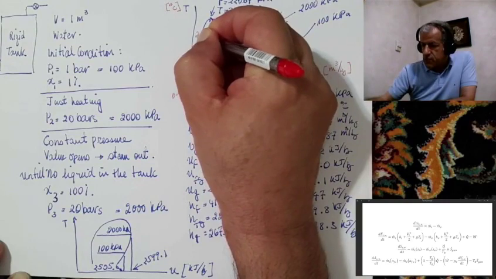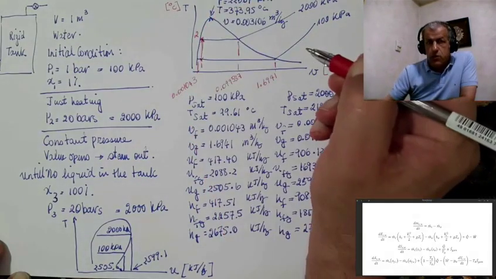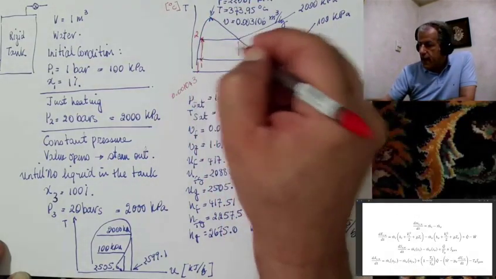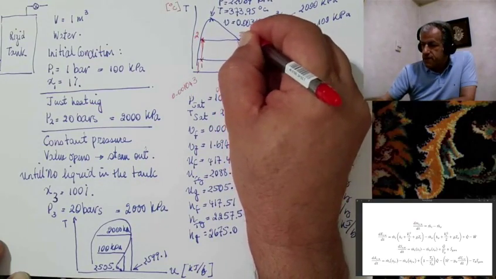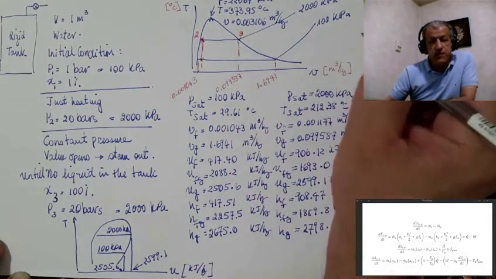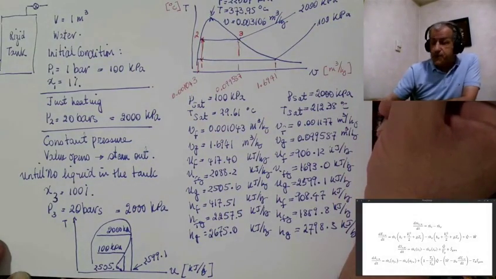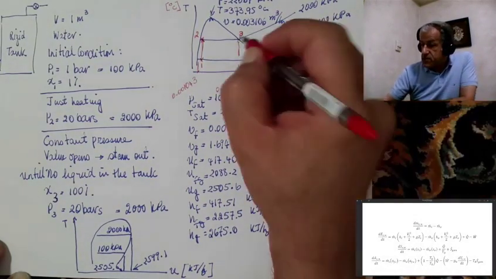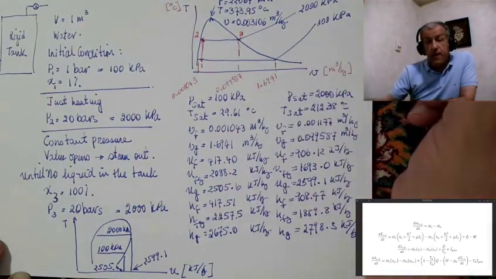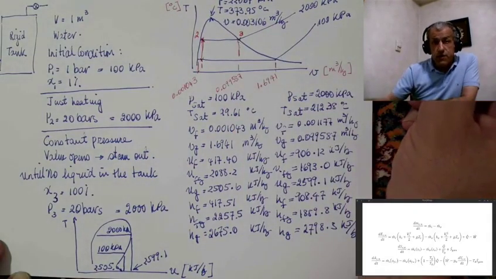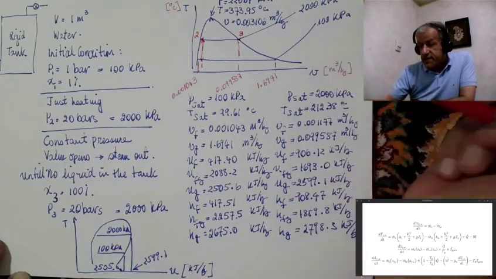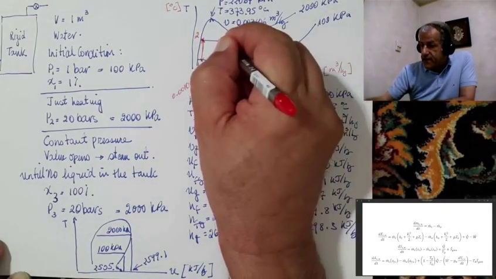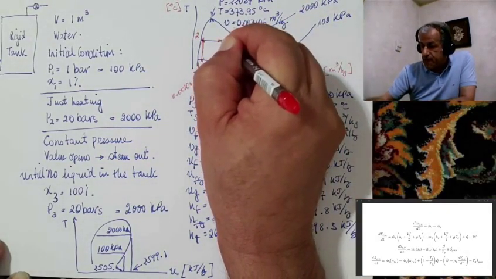Therefore, this would be point 2, and this would be point 3, which is the saturated vapor point.